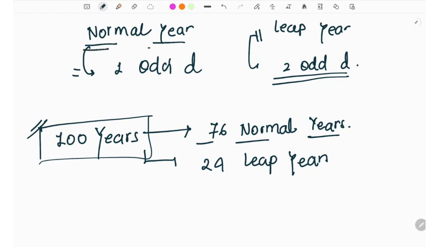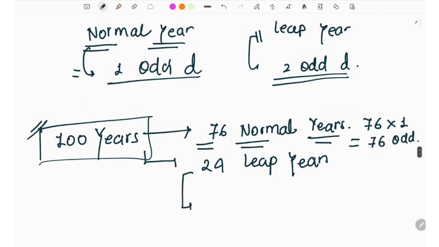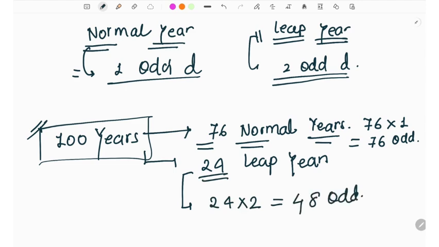If one normal year consists of one odd day, 76 normal years will consist of 76 into 1, that is 76 odd days. And in 24 leap years there will be 24 into 2 odd days. This will give me 48 odd days.